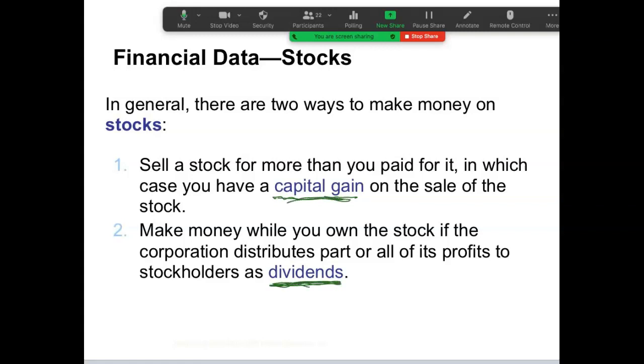So companies like Microsoft, stuff like that, that's really, really large, 3M, probably Apple, they'll pay out when they turn a profit a certain number of cents per share to their stockholders. And then you get to reap that benefit and hold on to the stock. So that's called dividends.